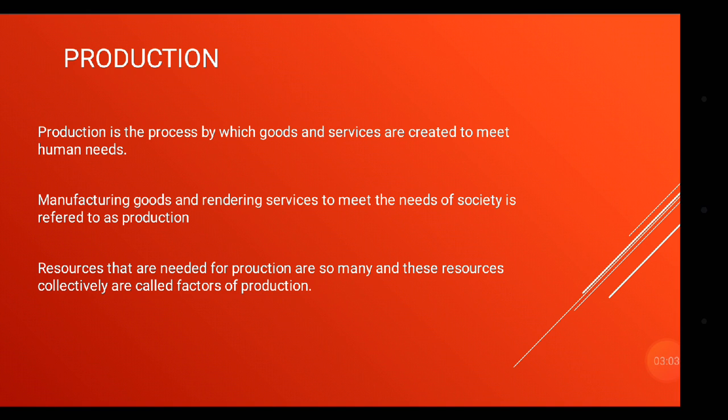So the raw material that is used, the people that do the work, the machinery that are used, the land and plant, factory at which these materials or these goods are produced, the school building, the teachers, the banking hall, the bankers, everything that is used in the process of rendering service or manufacturing goods is what we call the factors of production. And these factors of production can be classified into four main factors.